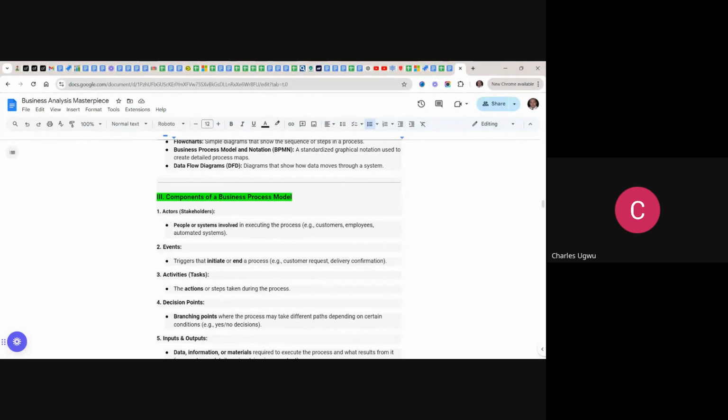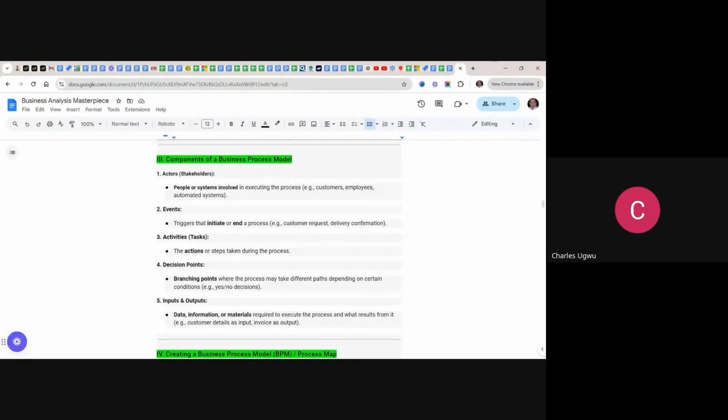So first try to understand the actors and capture them. Actors, we say stakeholders, are people or systems involved in executing processes. So it can even be departments. You can capture them as a department or as a system, so these are various actors, not only stakeholders as stated here.